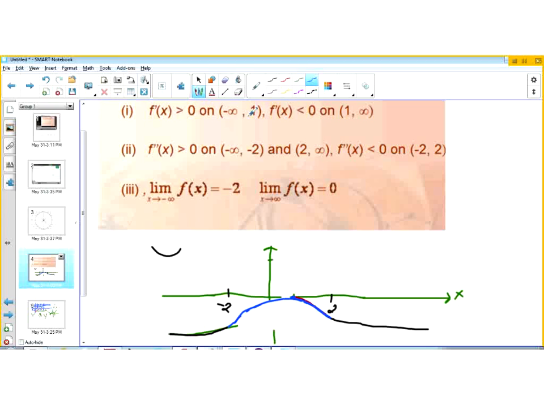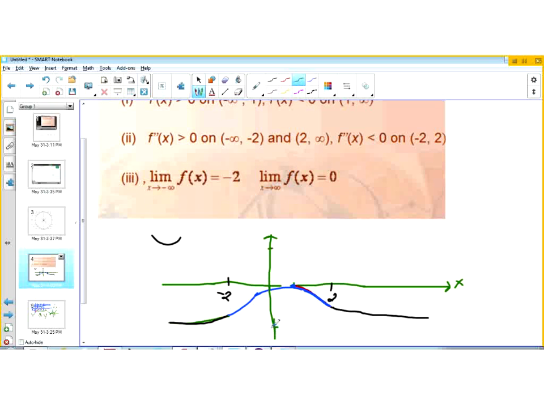All right, and then we need an inflection point at -2. Okay, and then of course the limit as x approaches -infinity, the output is -2.